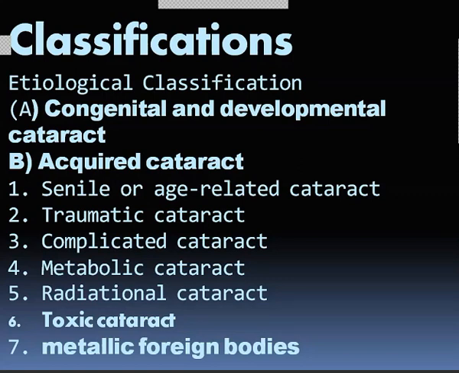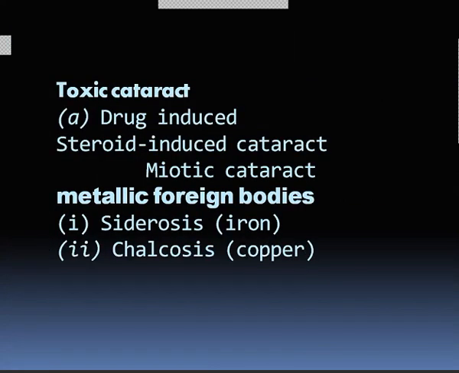Metabolic cataract occurs in diabetes and galactosemia, and also the radiational cataract, that is exposure to X-rays, and the toxic cataract, as in the case of uveitis and metallic foreign bodies. Toxic cataract may be drug-induced, the steroid-induced cataract.